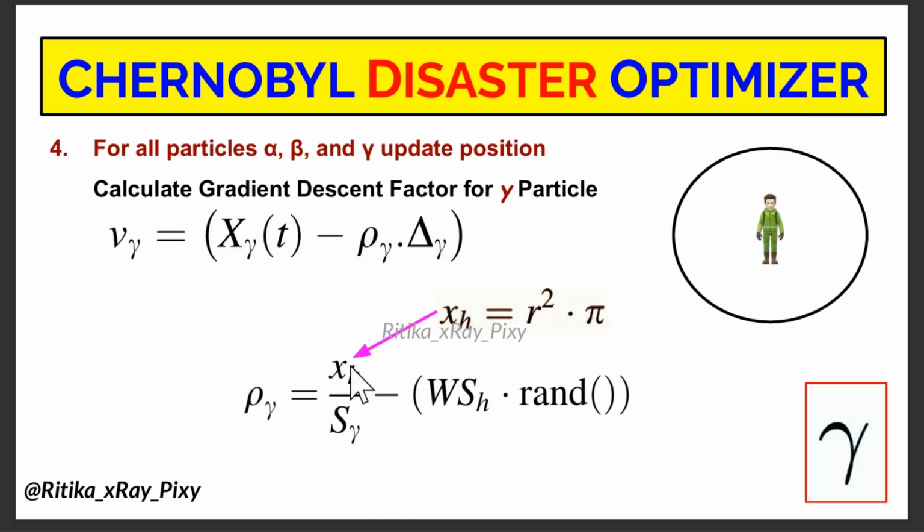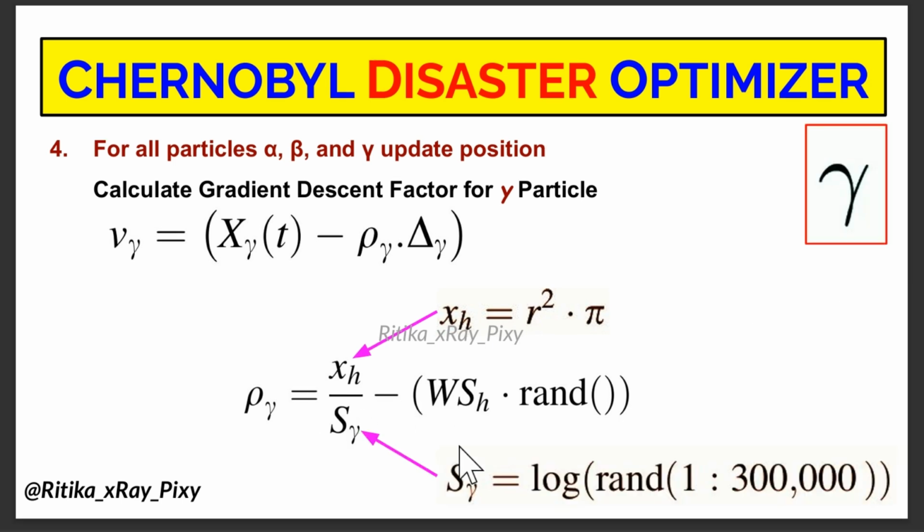So this is the area of human walking, that is, the area of a circle that we will calculate using r square into pi. Here r is a random value between 0 and 1 divided by the speed of the gamma particle. So the particle speed can take a value randomly from 1 to 3 lakh kilometers per second, as we discussed earlier.